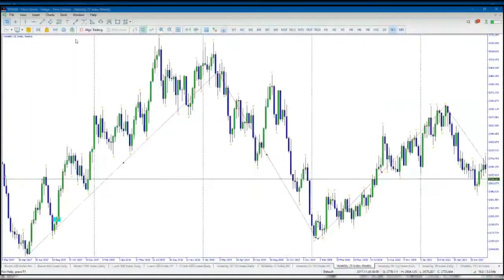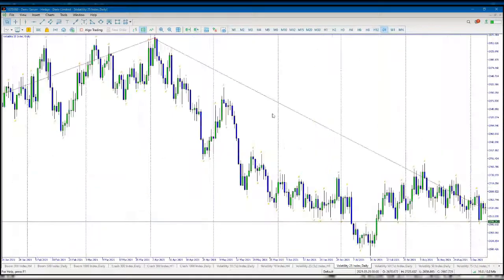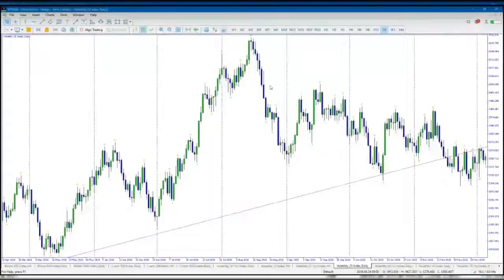So let's take the movement one after the other. I'm going to scale down to my daily to see very clearly what price has been doing over the years.